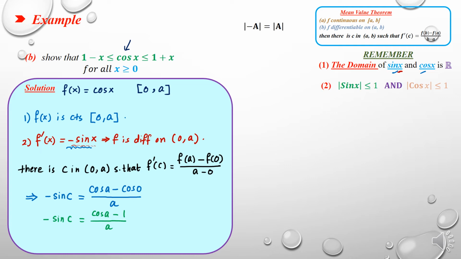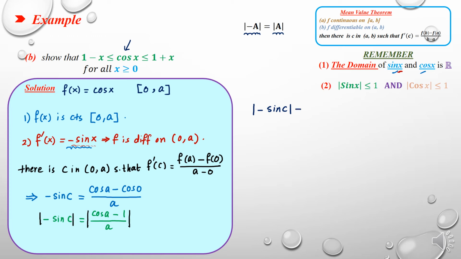What to do next? You have to take the absolute value for both sides. This is the next step. So take the absolute value for the left-hand side and the right-hand side. So what you will get is the absolute value of negative sine c, and one of the properties of the absolute value is that the absolute value of negative a equals the absolute value of a.